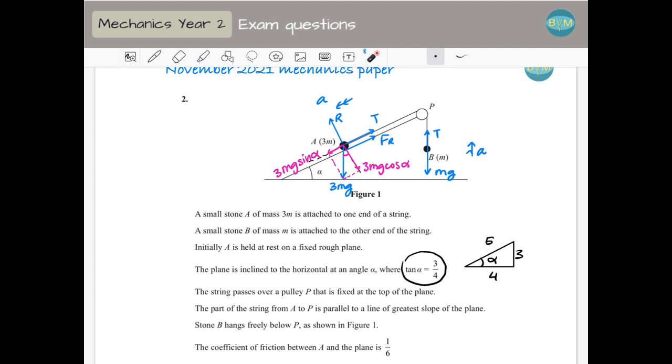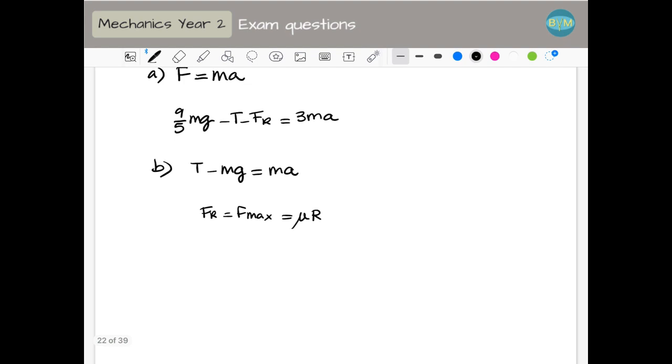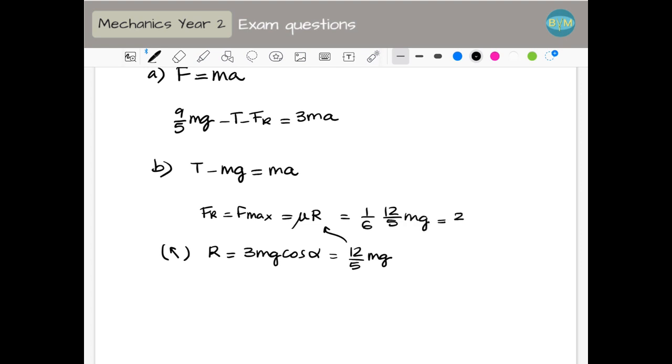Resolving perpendicular to the slope, R is going to be 3mg cos alpha, and cos is 4/5. So it's 3mg times 4/5, which is 12/5 mg. When I substitute, mu was 1/6 and this is 12/5 mg, so the friction is 2/5 mg.